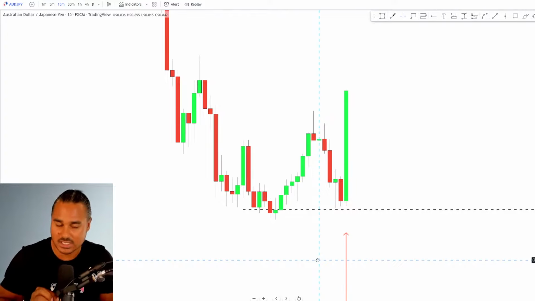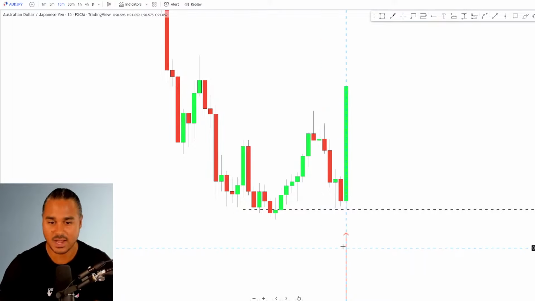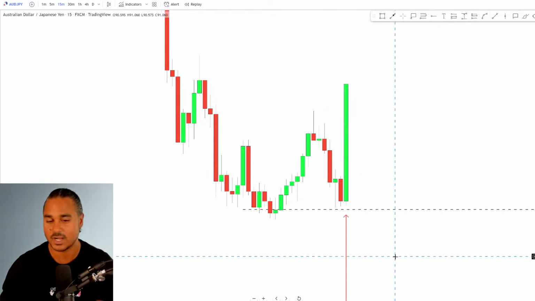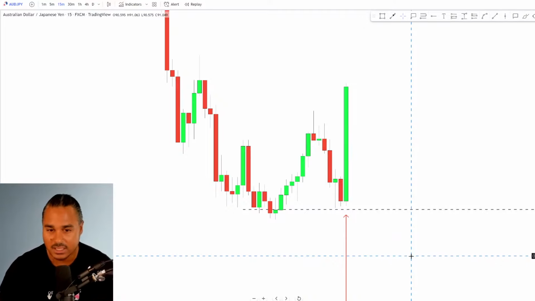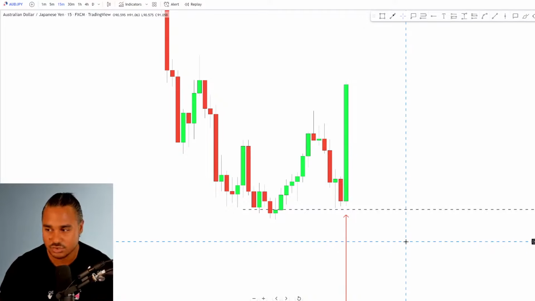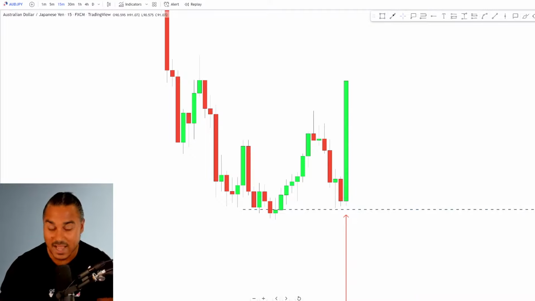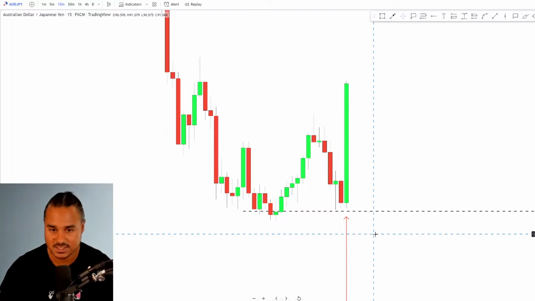So now you're looking at this as a demand zone in the market to look for buys. So if you took this buy from this level, you'll be screaming your heads off right now, and you'll be saying to yourself, yes, this supply and demand strategy is working absolutely perfect for me. It's the best strategy in the whole wide world. And then you continue to trade like this from key levels without adding any confluences to your trade. And then what happens is you find inconsistency.